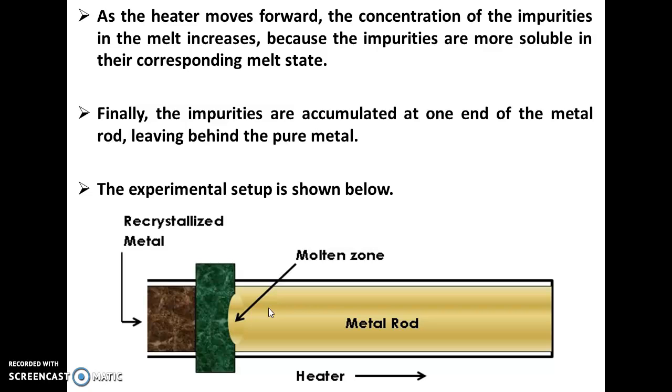As the heater moves forward, the concentration of impurities in the melt increases because impurities are more soluble in their corresponding melt state. Finally impurities are accumulated at one end of the metal rod, leaving behind the pure metal. That can be seen in this experiment.